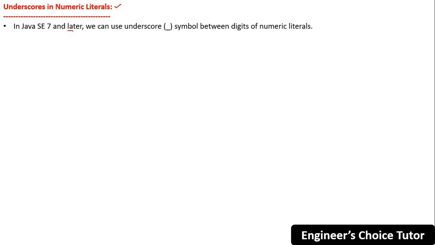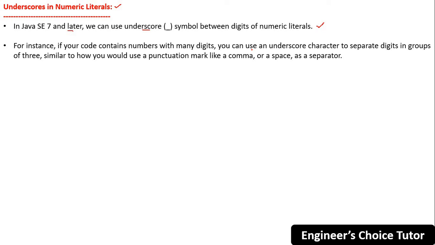This concept got introduced in Java SE 7, that is Java 7: underscores in numeric literals. In Java SE 7 and later, we can use the underscore symbol between digits of numeric literals. If your code contains numbers with many digits, you can use an underscore character to separate digits in groups of 3, similar to how you would use a punctuation mark like a comma or space as a separator.